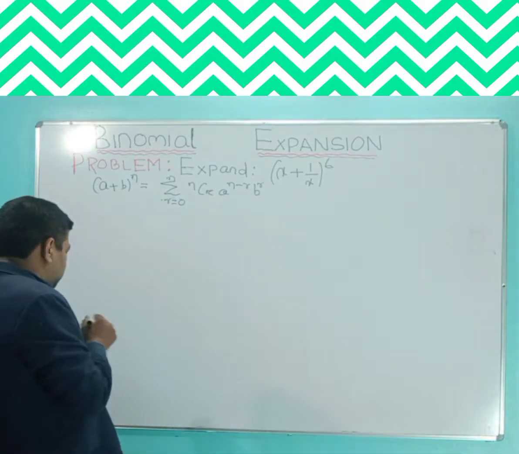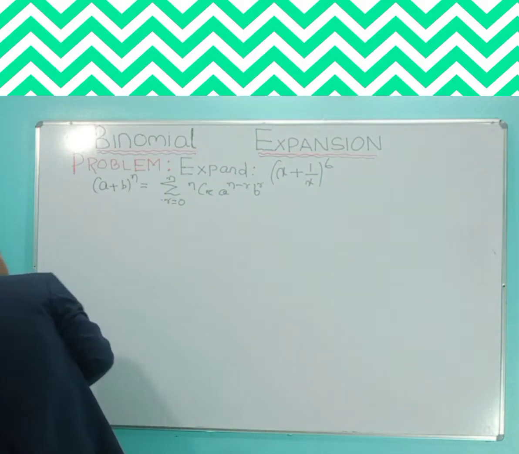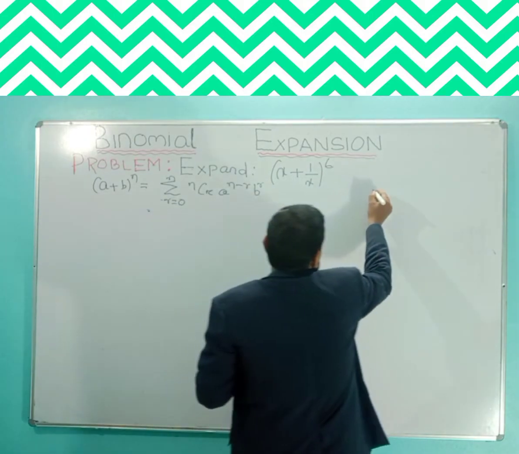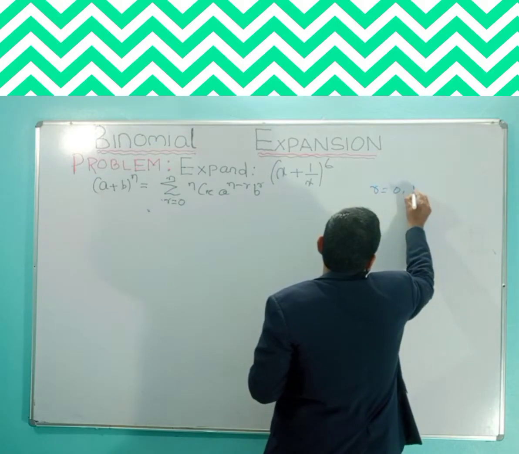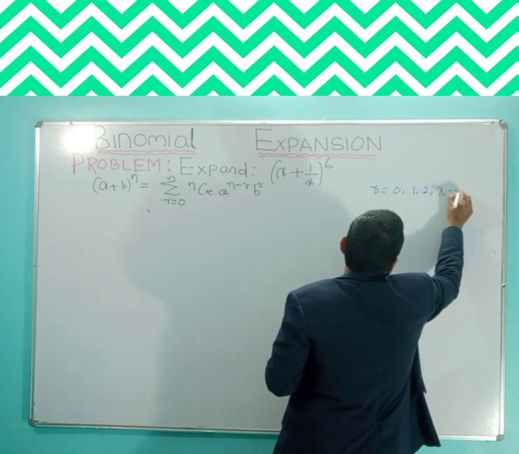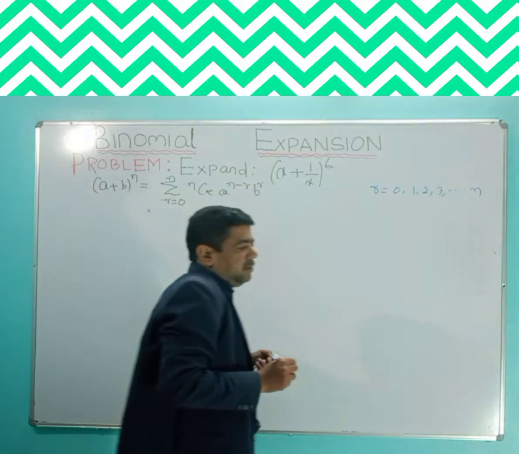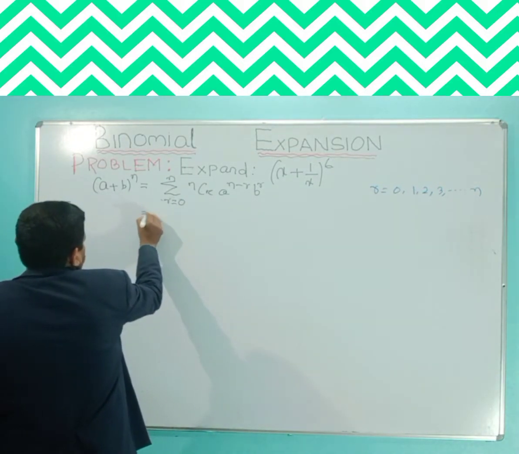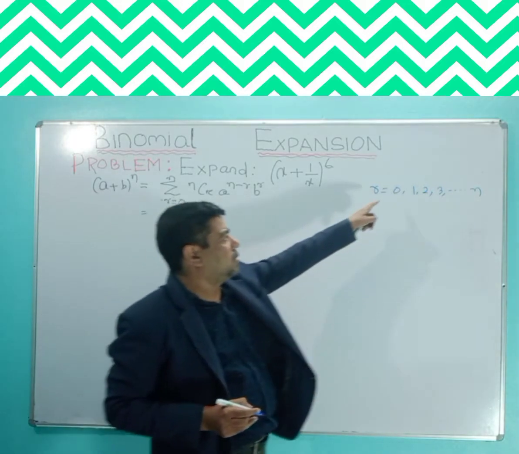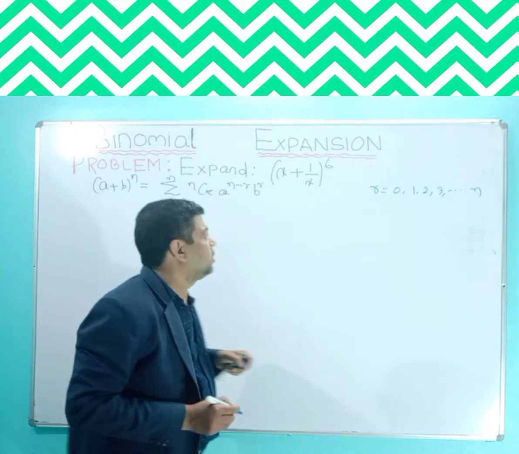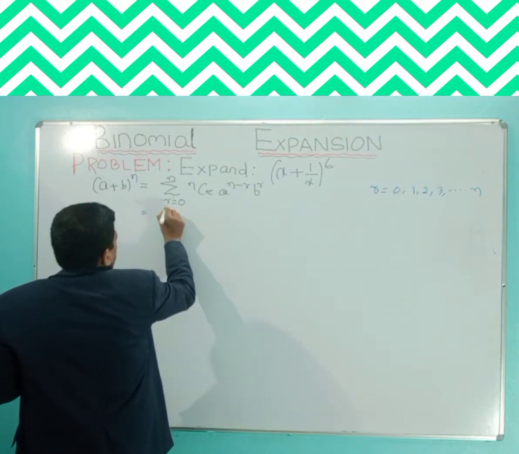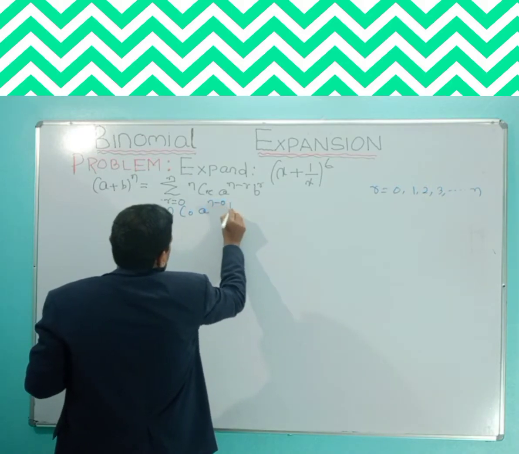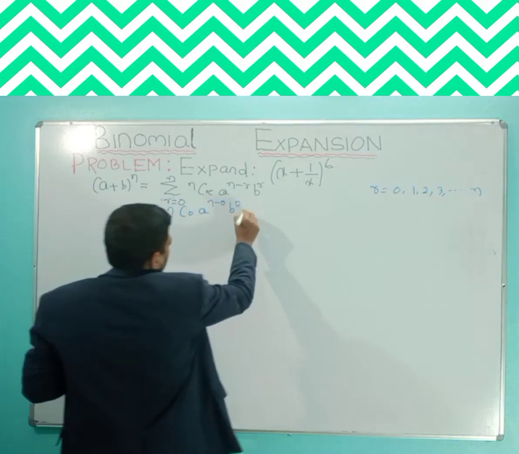And the expanded form, all of you know that. Here r means the value of r, 0, 1, 2, 3 up to n. So in the expanded form, the first r will be 0, so write nC0 a to the power n minus 0 b to the power 0, then plus.